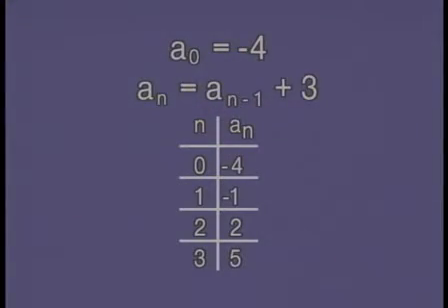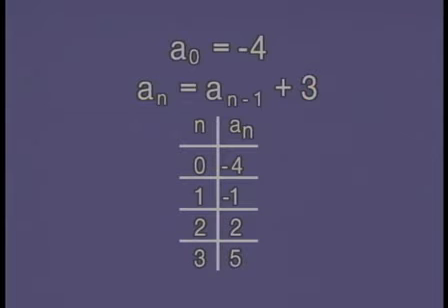The next visual shows us another situation. We're given A sub 0 is negative 4, and that A sub n is equal to A sub n minus 1, the previous term, plus 3. And we have a roster. We've chosen n for 0, 1, 2, 3. We could show, of course, n's 4, 5, 6 on, and as long as you like to go. We're just looking at these 4 values of n.